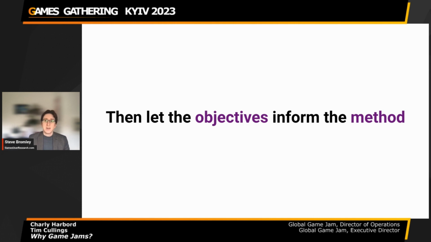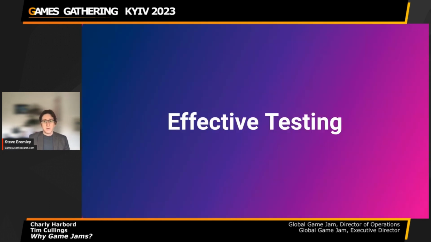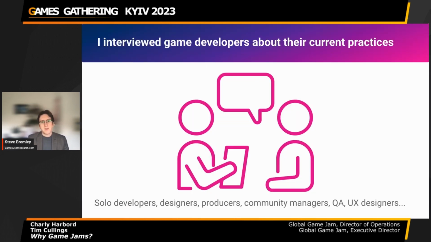So in the second half of what I wanted to cover today, I want to talk about how do we actually do that, and what does effective testing look like, and what can you do in your own studio to help integrate better practice into how you're approaching this. And this is based on conversations with game developers. As I mentioned, I have a lot of conversations with different people who are running playtests as part of their role.